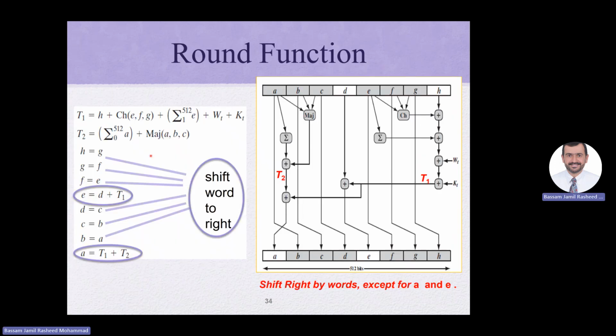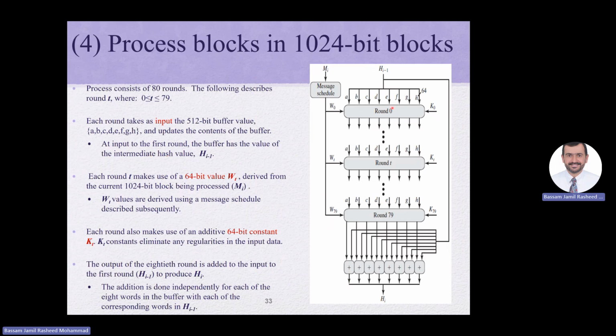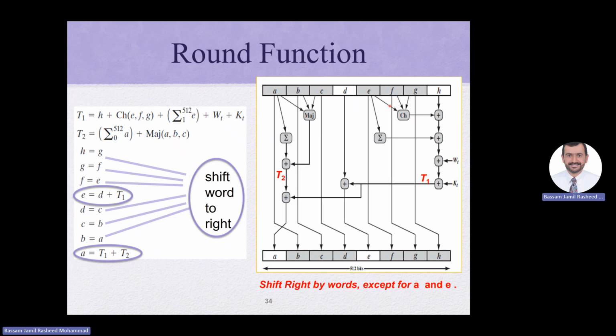Then the question is, what happens inside the round? Well, clearly this is where the magic and the secret sauce is. These are my registers A, B, C, D, E, F, G, H. Every one of those is 64-bit. 8 registers, 64-bit each.